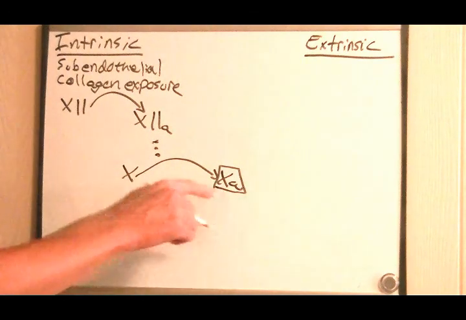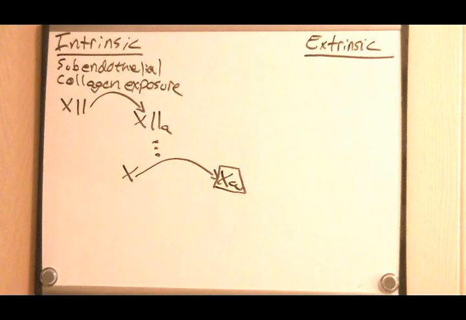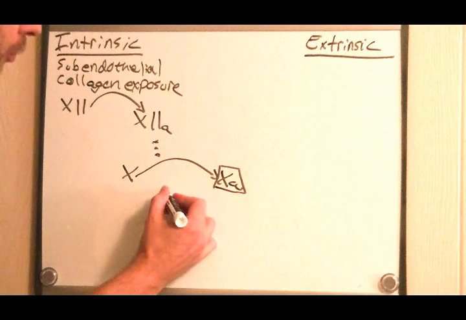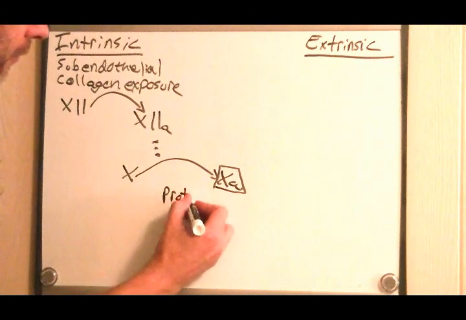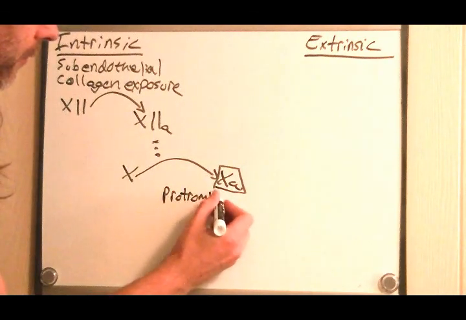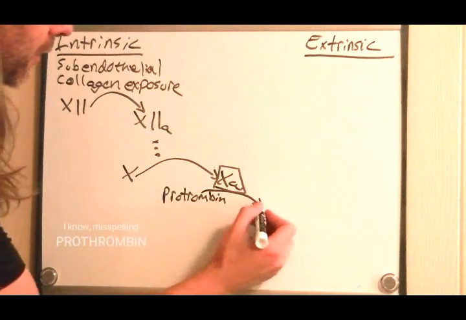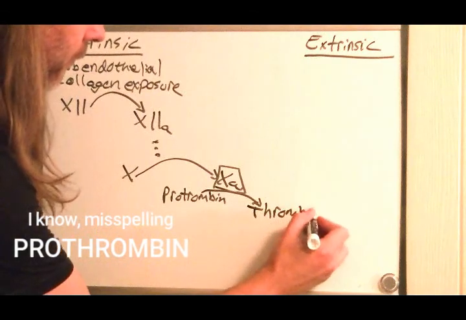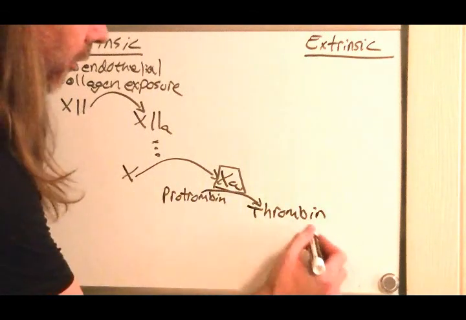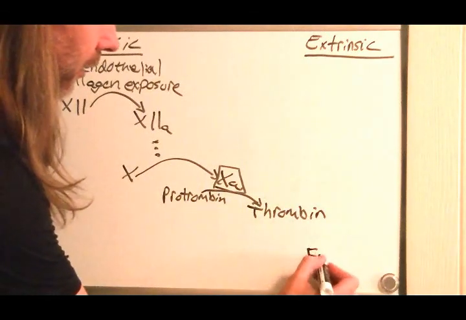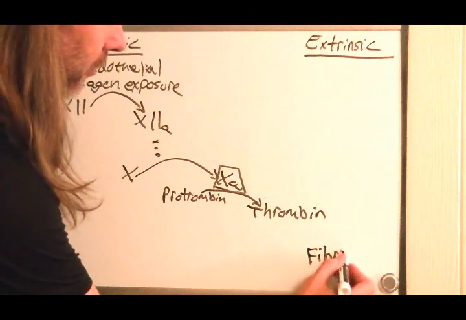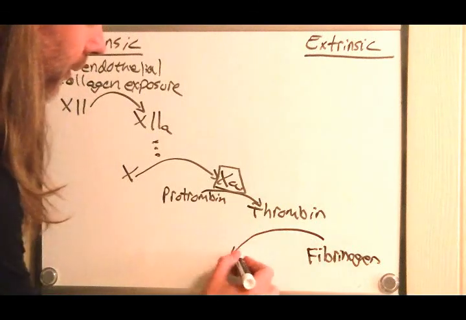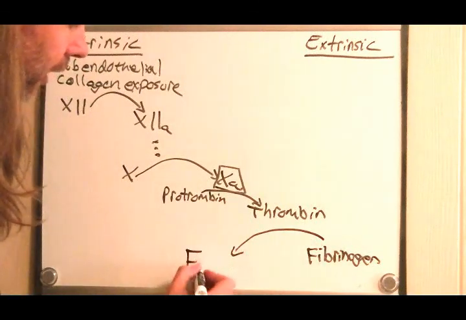And then once we have factor 10A activated, then we have prothrombin getting converted into thrombin, and then thrombin will take fibrinogen and convert that into fibrin.